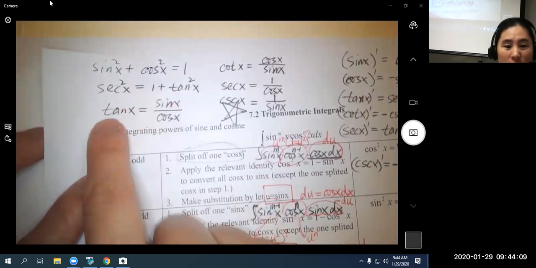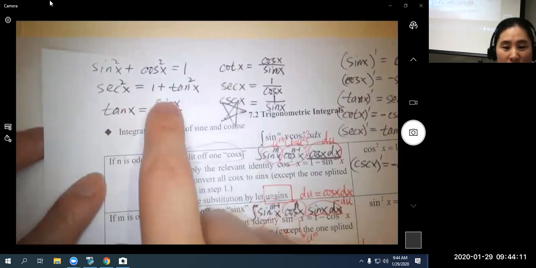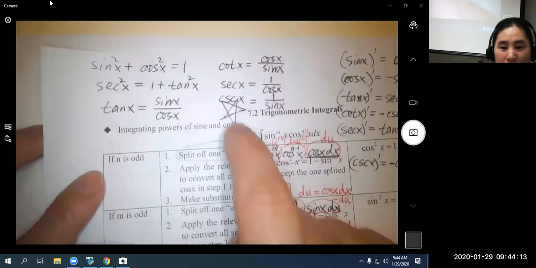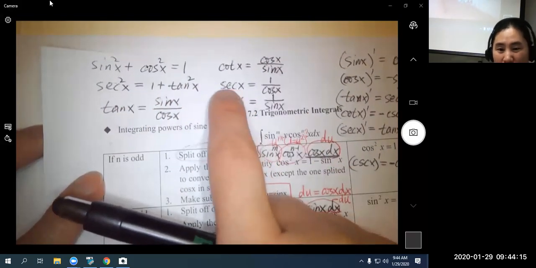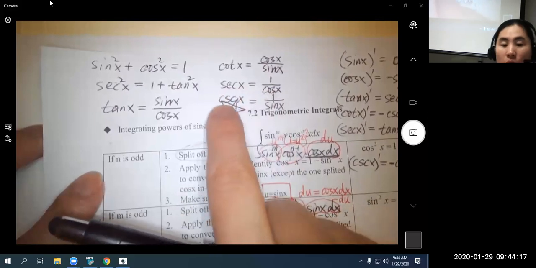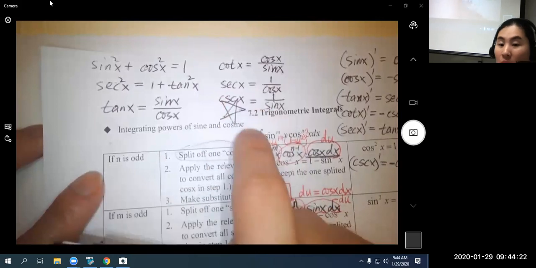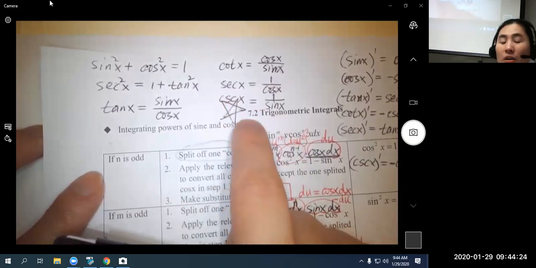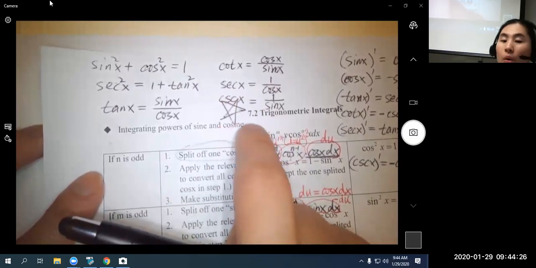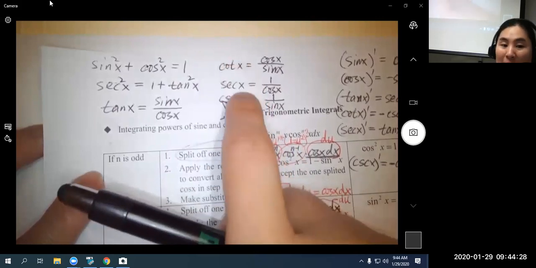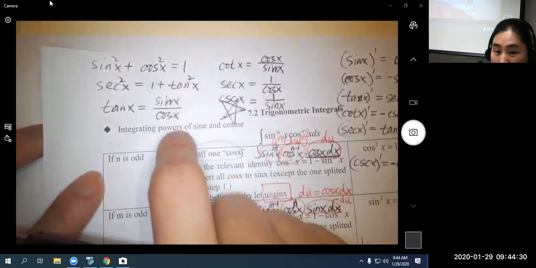Also, we know the relationships of tangent x and cotangent x with sine and cosine, especially secant x equals 1 over cosine, and cosecant x equals 1 over sine. Not only in this section 7.2, but also in the next section 7.3, we'll have to know these basic trig identities.